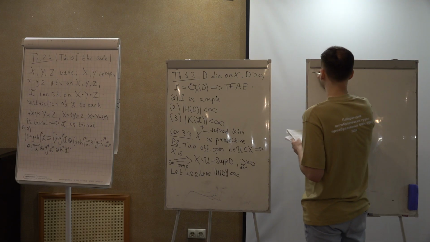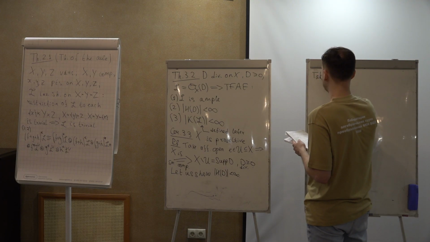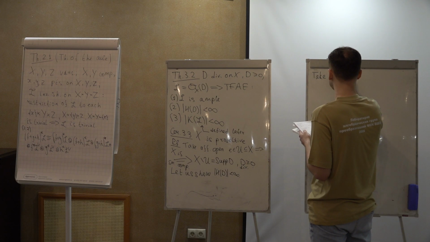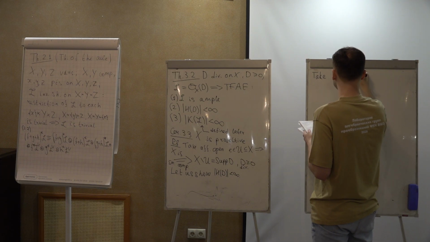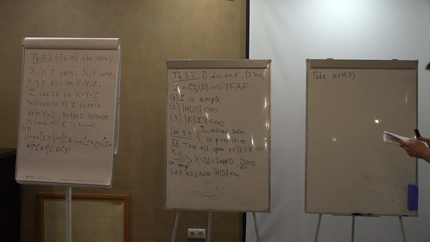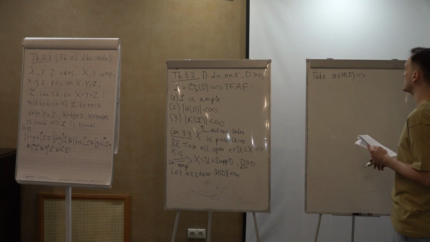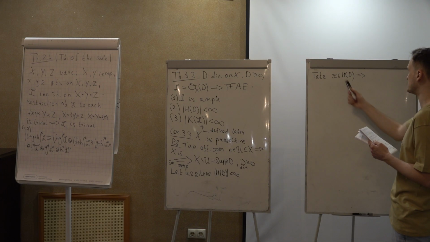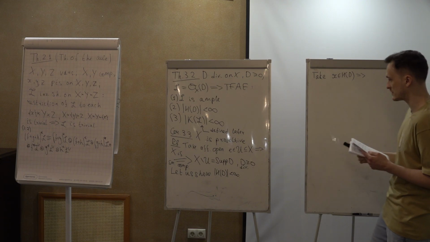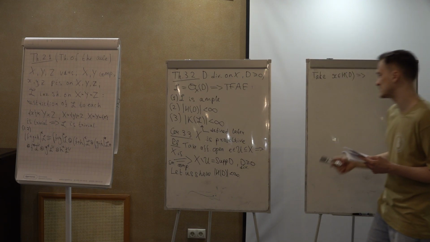Okay, so take a point. I just erased the definition, right? Take a point x in H of D. So that's the stabilizer of D. And since it stabilizes D, and it's a translation, it also stabilizes U, right?